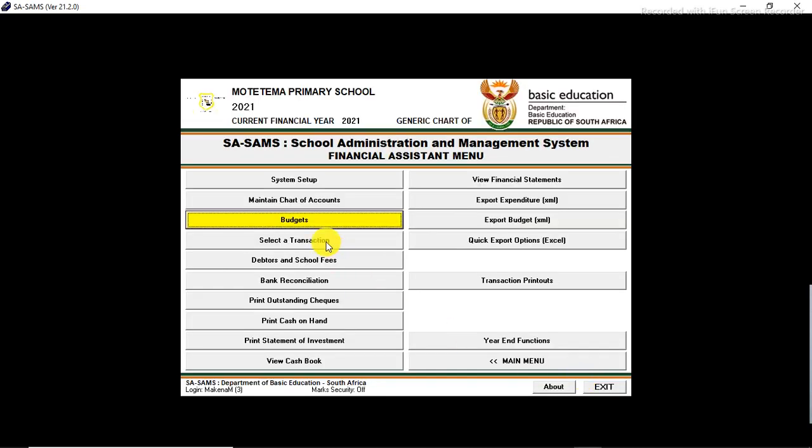We are now going to transact knowing what is expected of us, how much money is expected for each portion. And when you transact, it means, for example, if you budgeted 50,000 for transport, make sure you do not exceed it.